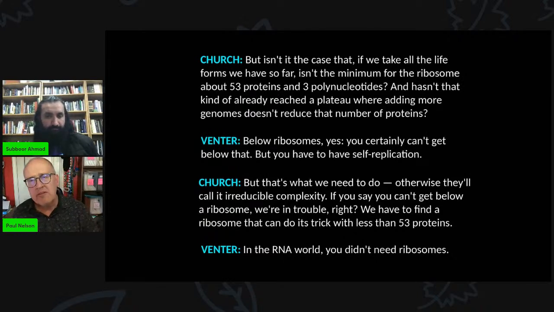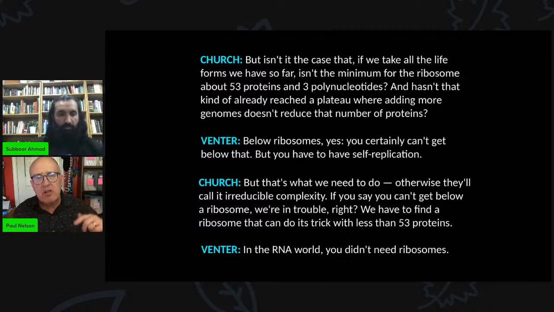At that point, he defaults to a theoretical model. He says, well, in the RNA world, you didn't need ribosomes. Now, there's actually no evidence for that, in the sense that no one has synthesized a ribosome that doesn't have proteins, that can take nucleic acid and turn it into protein.